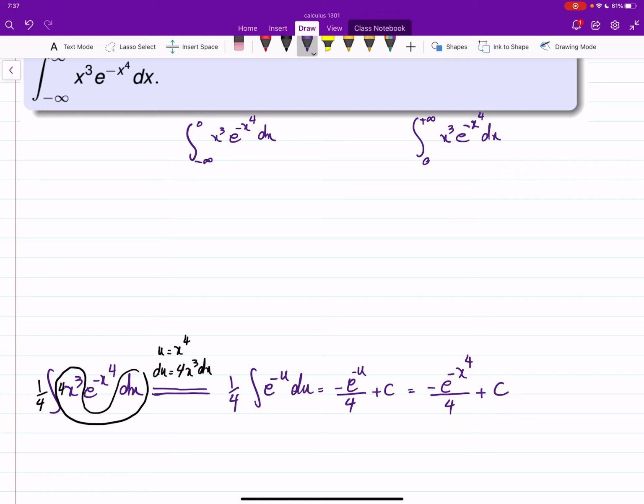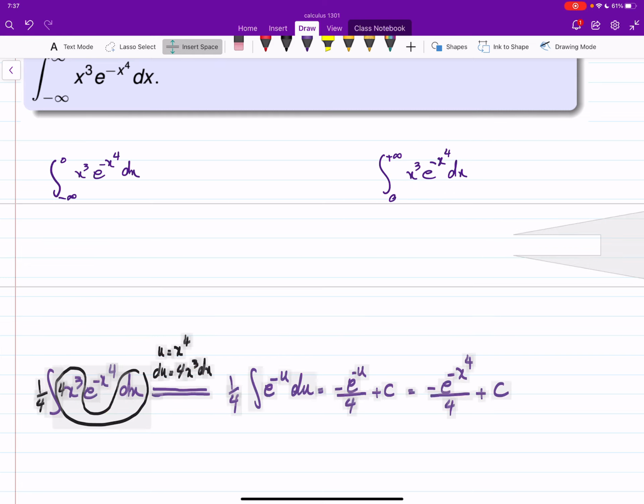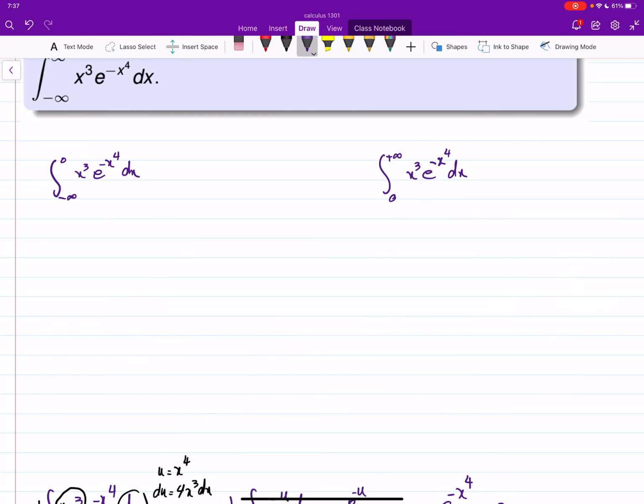Now, let's go back. There are two integrals that we have to study separately. One is this guy. The other one is this one here. Okay, what should I do for each one? For each one, you take out first the negative infinity or the plus infinity and plug in t for that.